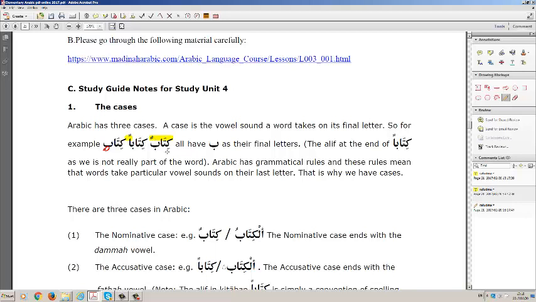Now, when the noun ends in un or u, if it's kitabun or al-kitabu, it has the u sound because it is in the nominative case.